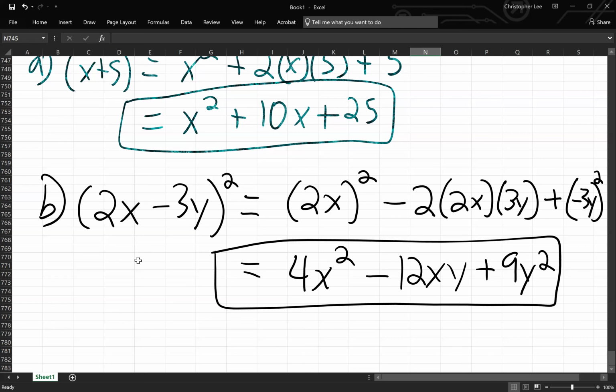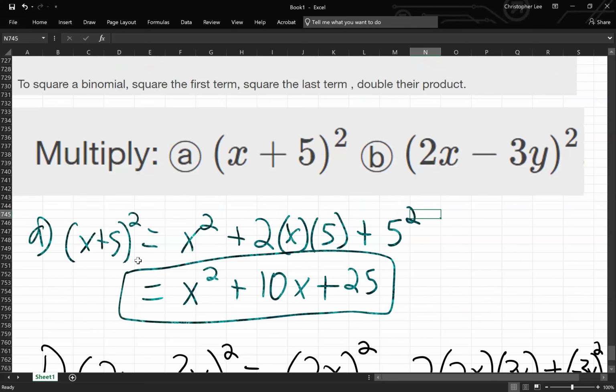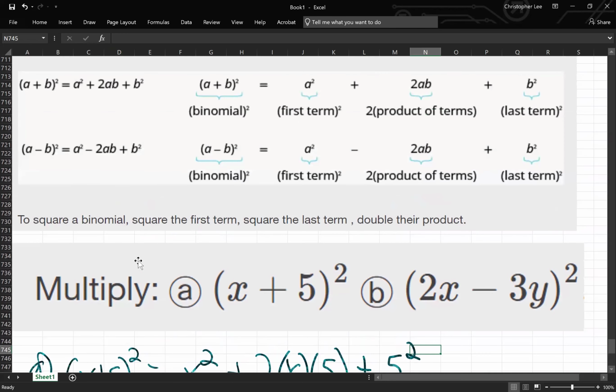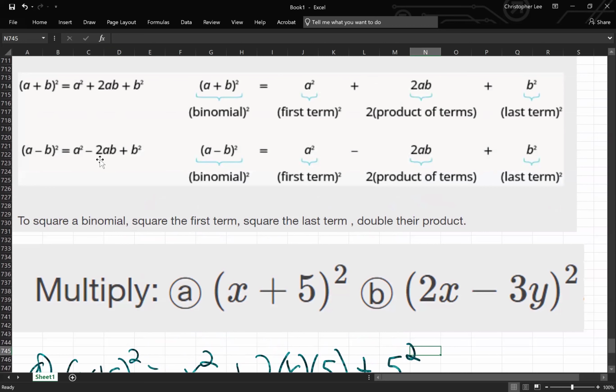That's the pattern from up here. Minus 2AB. The reason why is because when you do the FOIL method, for example, you're adding the two middle terms. That's where the two is coming from. They're identical.